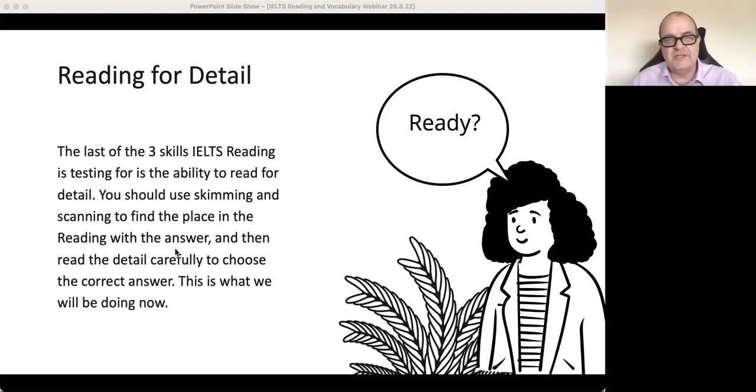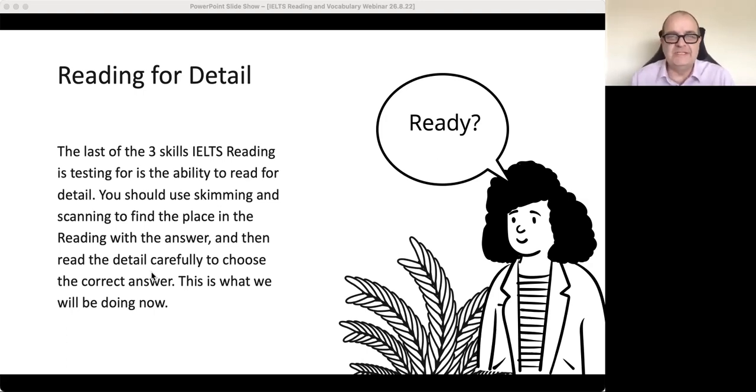But you might know the place with the answer, but to really know if that answer is correct, you then have to read the detail very carefully, because there might be something in that sentence or sentences which is a bit sly, which changes the meaning of what you thought it said. It might say something and say, but this isn't true.